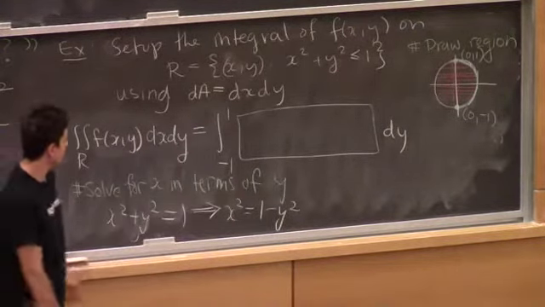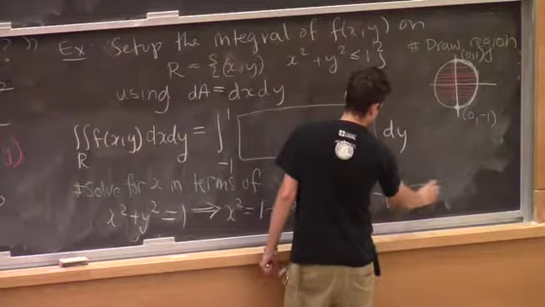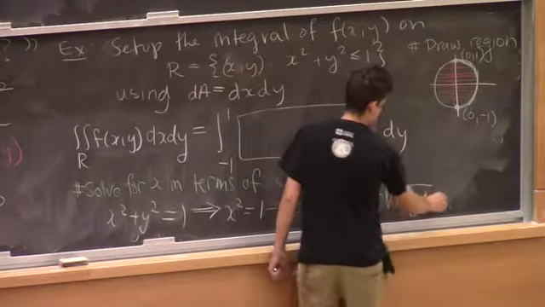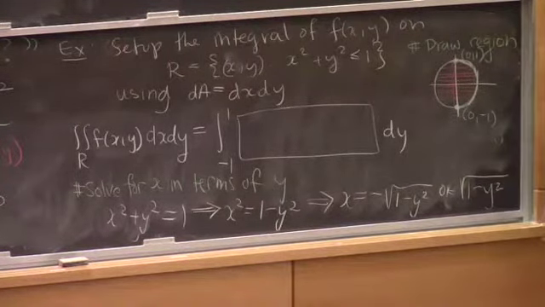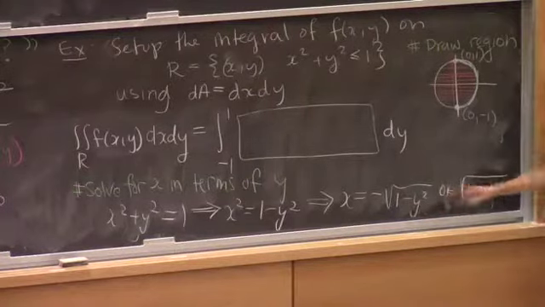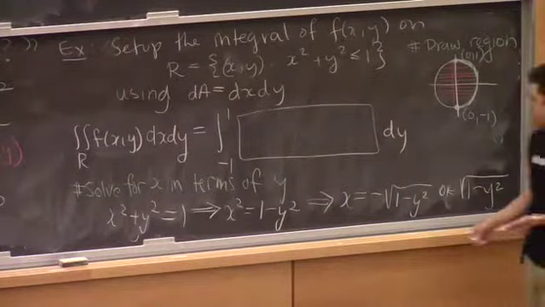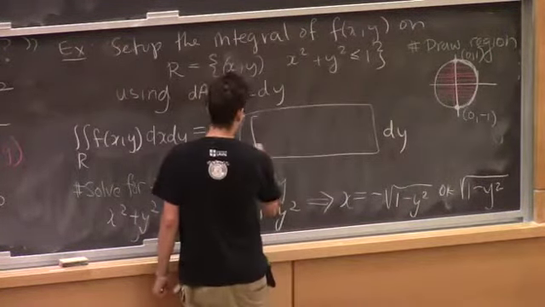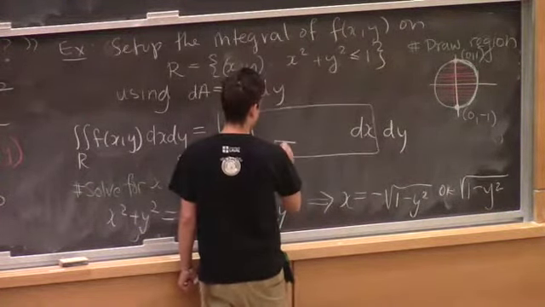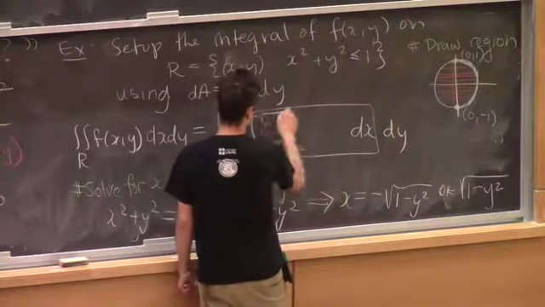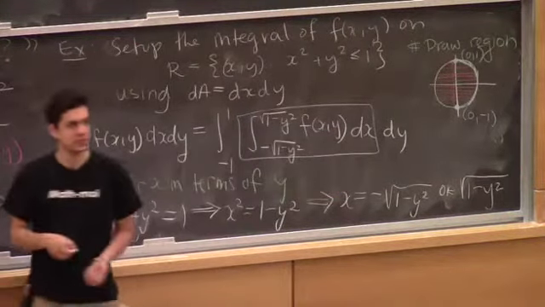So we get here, and taking square roots, we go from negative root 1 minus y squared to positive root 1 minus y squared. Okay, so the bounds of integration we want here are the ranges for x, so we get the following guy as our setup.